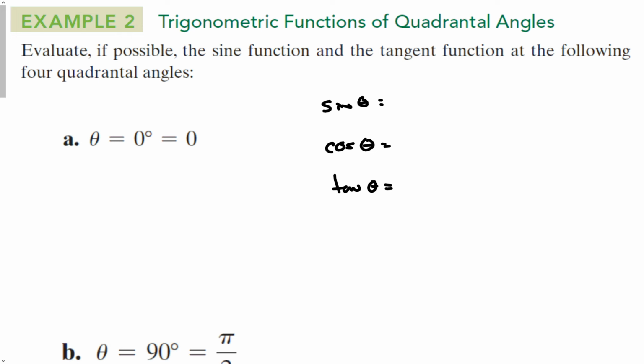So if we have an angle of 0 degrees, that point is right there. If we assume that the radius is 1 here, that gives me a coordinate of 1, 0, a radius of 1, so that means x is 1, y is 0.